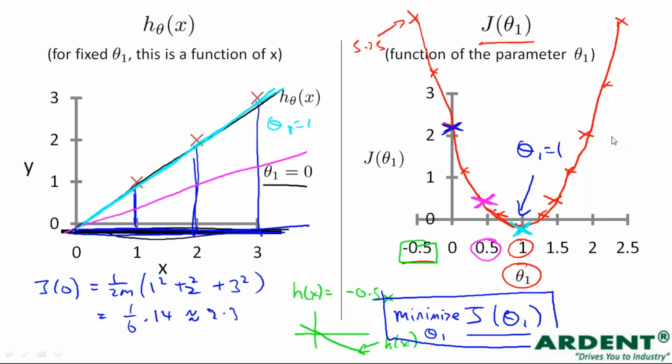We are getting the minimum J. Getting the point? This is actually the V part.